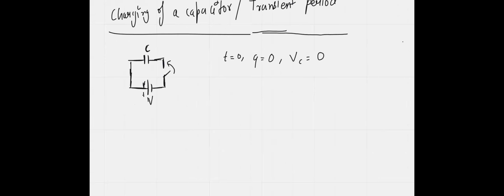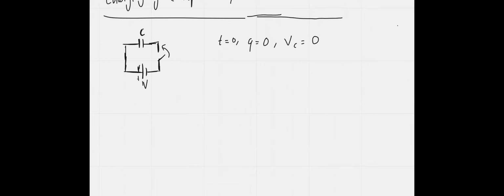Okay, let's try to maintain a graph along with it. This is the charge and this is the time. Basically, charge on the capacitor versus time. Generally what happens here, at the very start, my charge is zero, right? I'll be here.